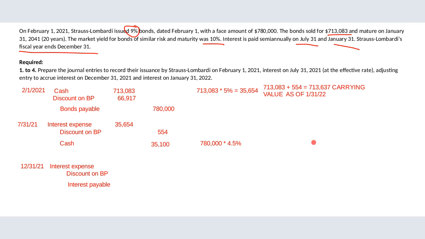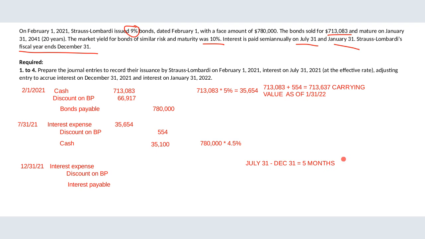So from July 31st through December 31st, we have how many months? That would be 5 months. Tiffany agrees. All right, so we can calculate it for the 6 months and then divide it by 6 and then multiply by 5.